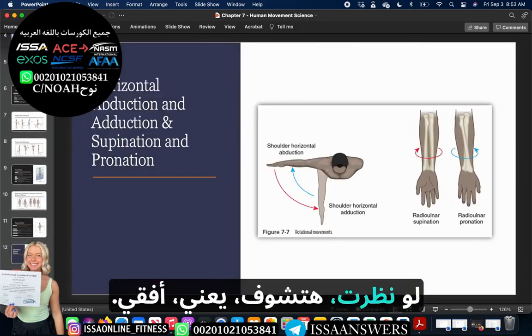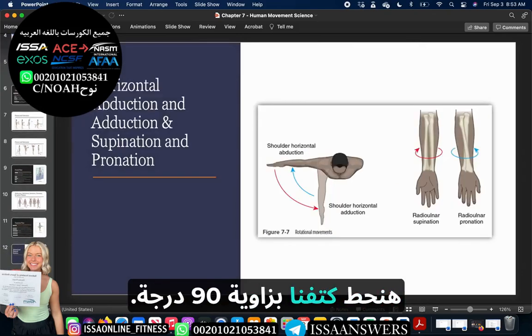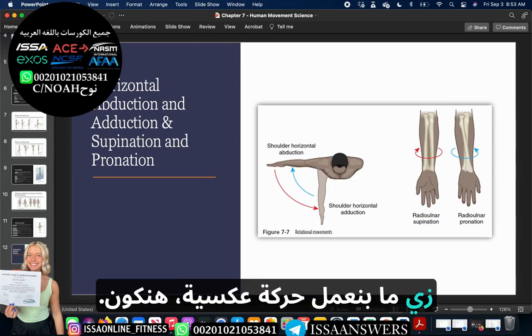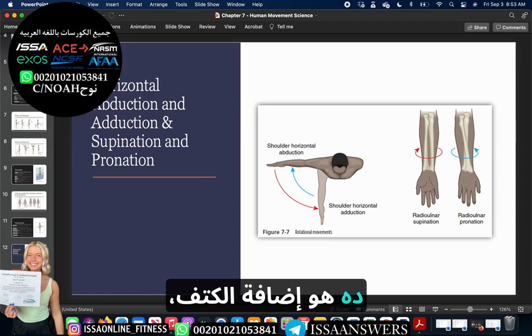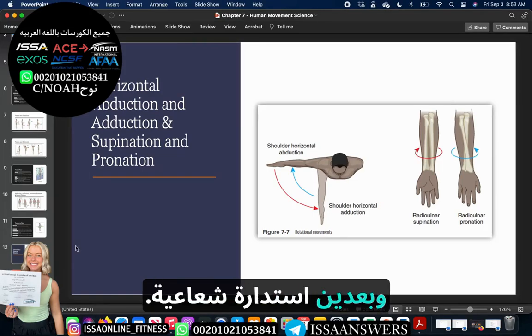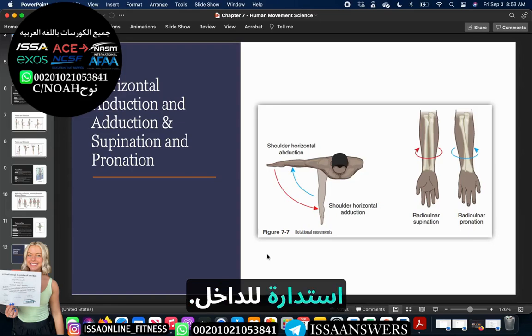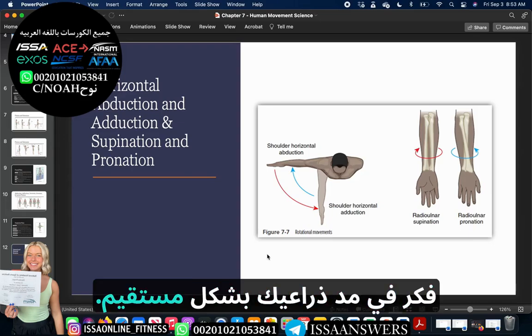If you look, you'll see horizontal. We're going to put our shoulder at 90 degrees, and as we sway outward, kind of like doing a reverse fly, that's shoulder horizontal ABD, whereas when we bring it back to the center, that is shoulder ADD. And then radial ulnar supination and pronation. Think about putting your arms straight out again.